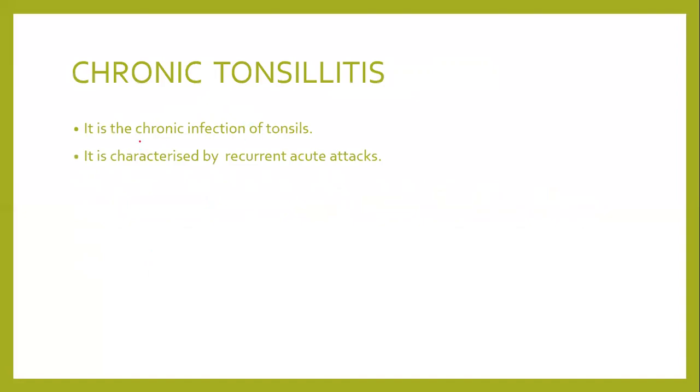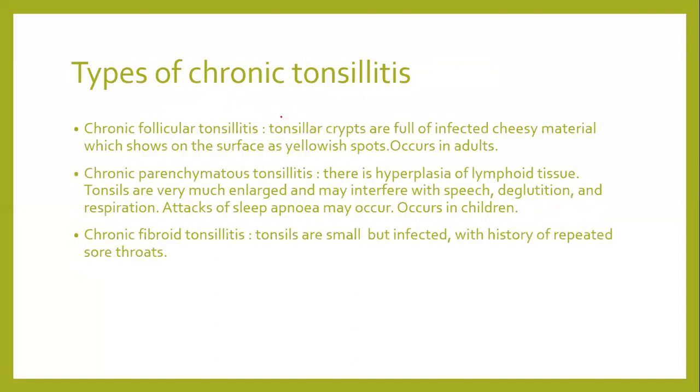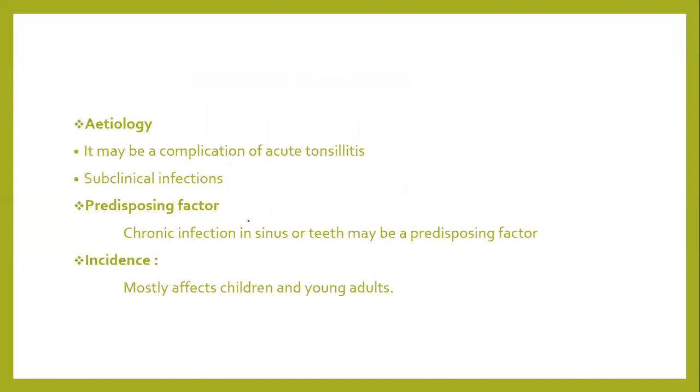It is a chronic infection of the tonsils, characterized by recurrent acute attacks. If the patient is suffering from recurrent attacks of acute tonsillitis, it can be considered chronic tonsillitis. The types: chronic tonsillitis is divided into follicular tonsillitis, parenchymatous tonsillitis, and fibroid tonsillitis.